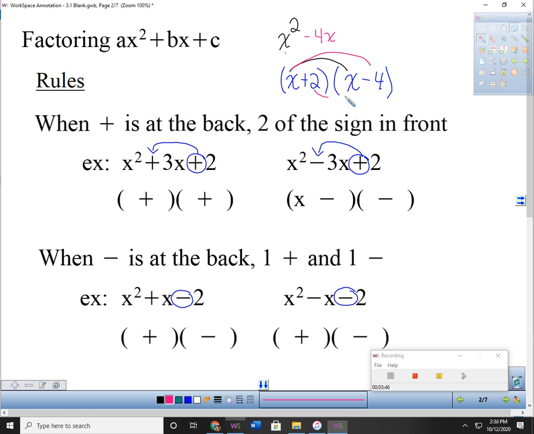And 2 times x is 2x. And then 2 times negative 4 is negative 8. And then I put my middle terms together, correct? Because negative 4x plus 2x would give me a negative 2x. So I end up with this.